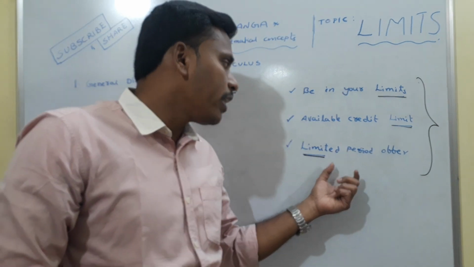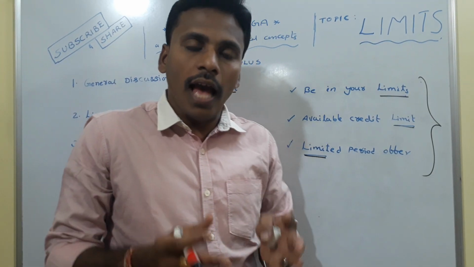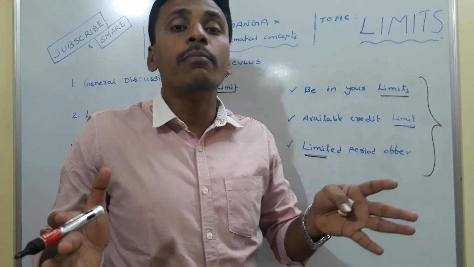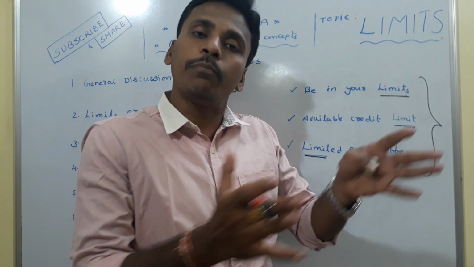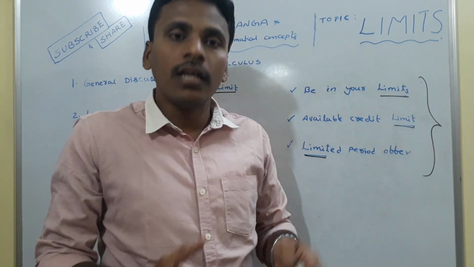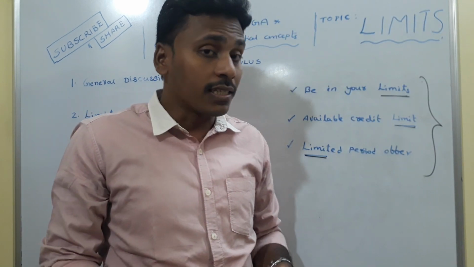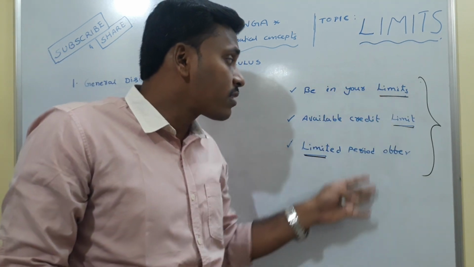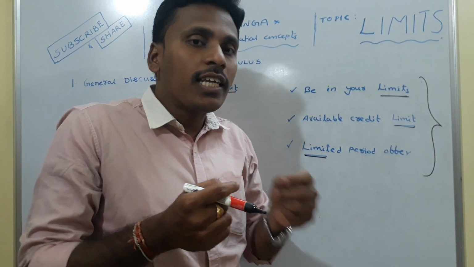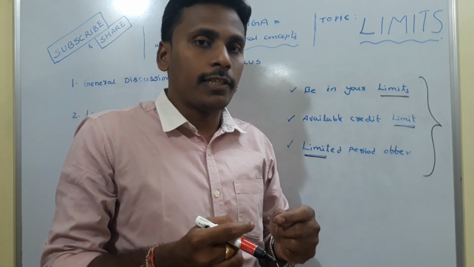Coming to the last one, limited period offer. An offer is there at the shop, but the offer is only for a limited period. After that period, the offer won't apply, and before that period, we have that offer. All these sentences give an idea about the word limit.